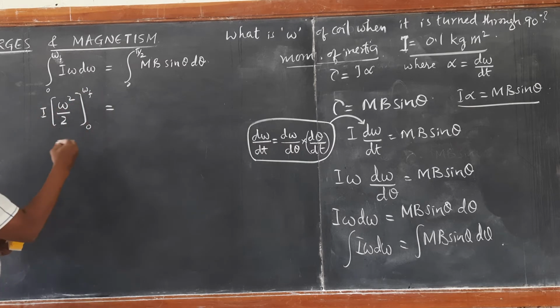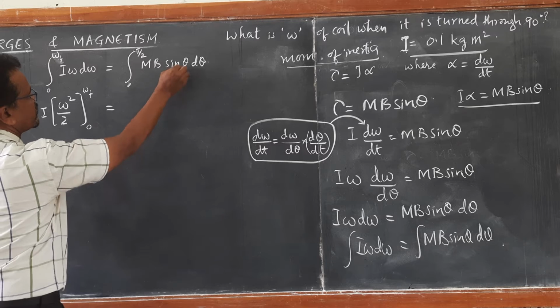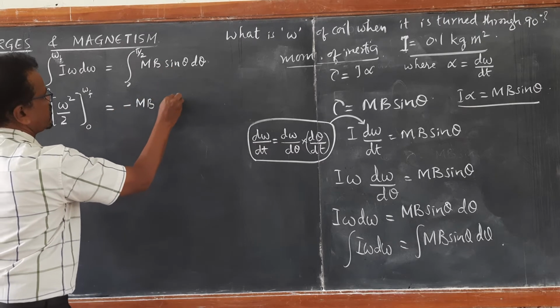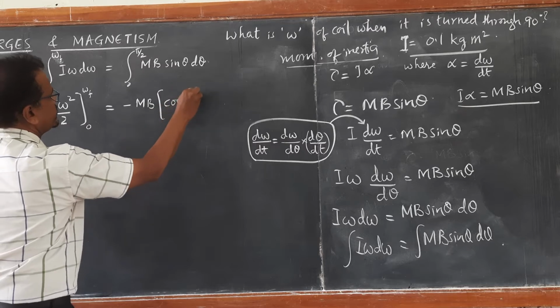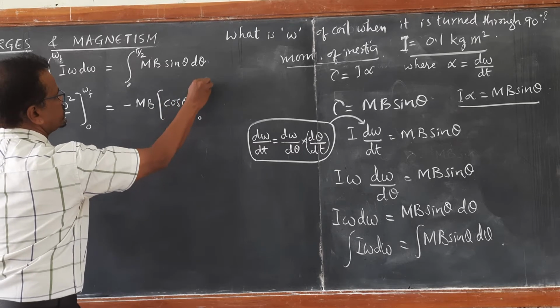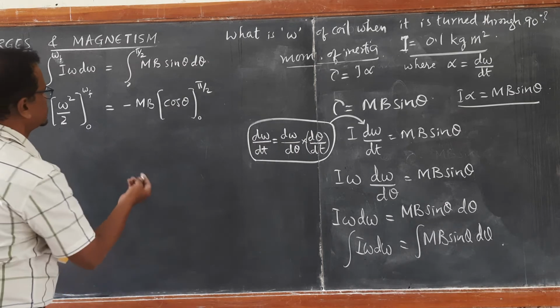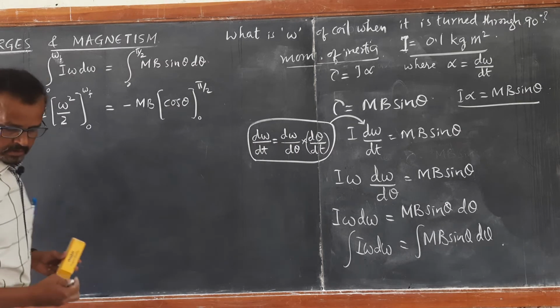Right hand side will be minus mB cos theta between 0 and pi by 2, since the integration of sin theta is minus cos theta. If you just substitute, we get the result.